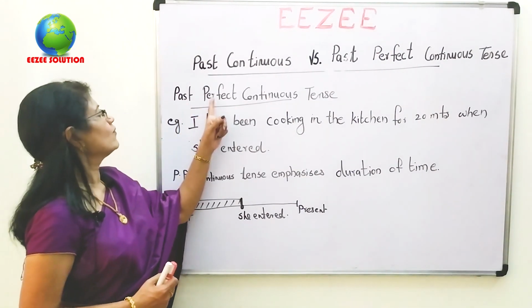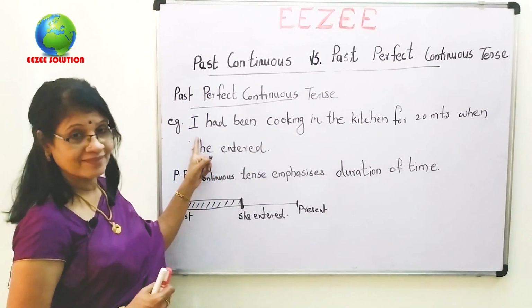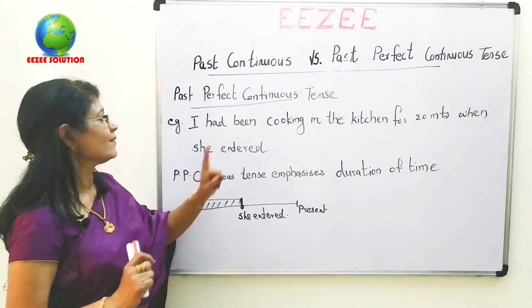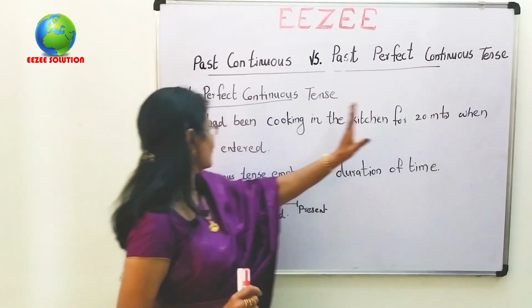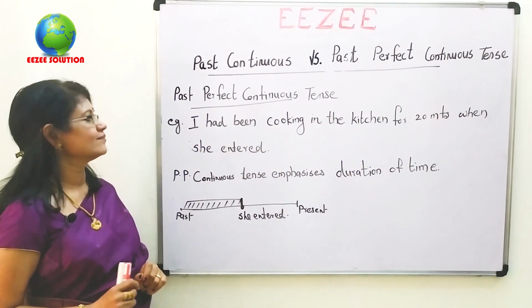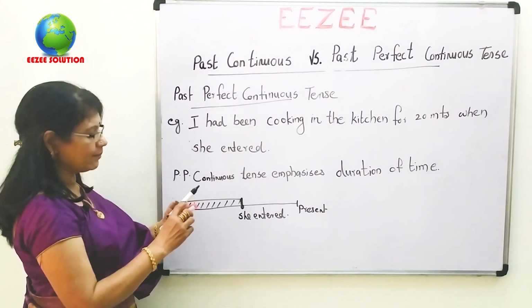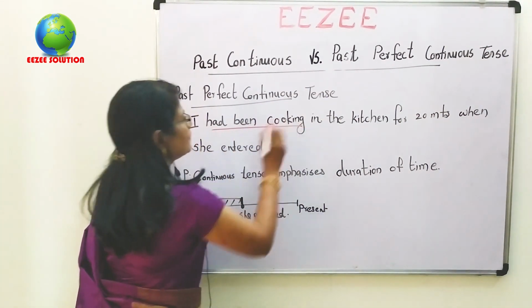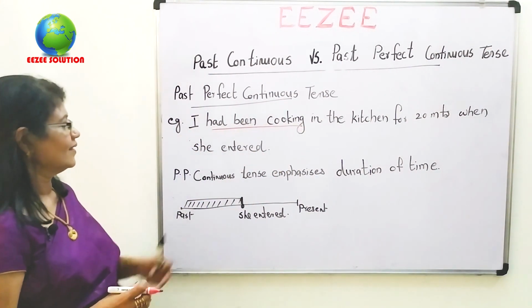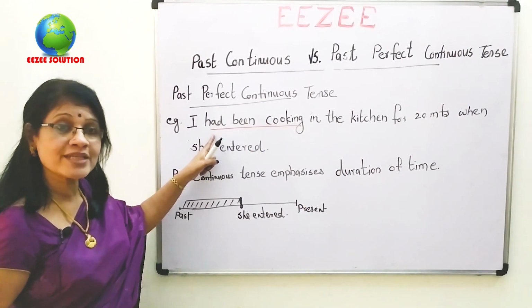In the case of past perfect continuous tense, I have written one example here. I had been cooking in the kitchen for 20 minutes when she entered. Here, had been cooking is the past perfect continuous tense. Here we are emphasizing the duration of time.